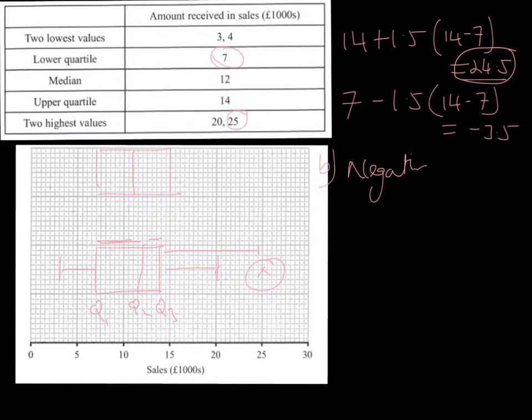And we need to justify this with a reason. We'll only get both marks if we say it's negatively skewed, but we can also substantiate it with a reason. So the reason that we're going to need to state here is that Q2, the median, minus Q1, is greater than the difference between Q3 and Q2.